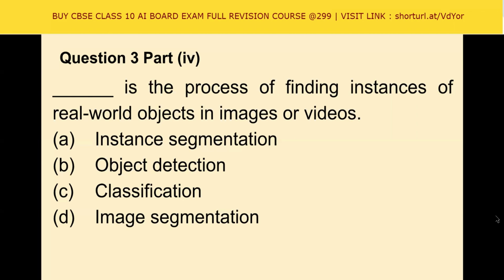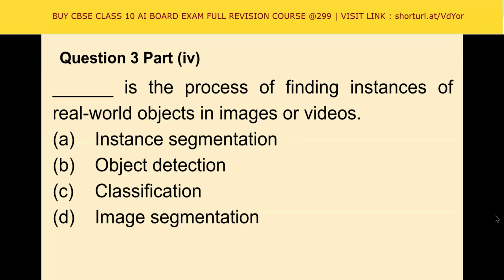Object detection is basically to detect a particular type of object. Mostly in cameras, when a human being is there, a square boundary or a rectangle comes around that particular face, right? So this is object detection. Here it is saying finding the instances of real world objects, and instance segmentation and image segmentation.